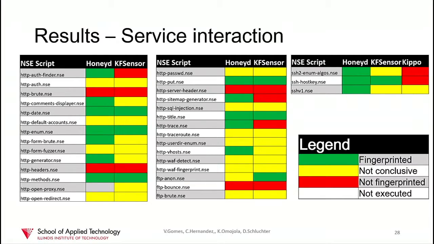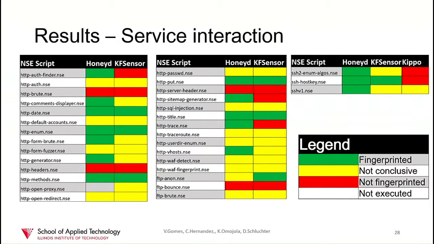The yellow color represents the honeypots that didn't give us a really good response. It was a little bit off, but we could not pinpoint whether it was a honeypot or not. And the red represents that the honeypot gave us a really good response, exactly like the control machines.